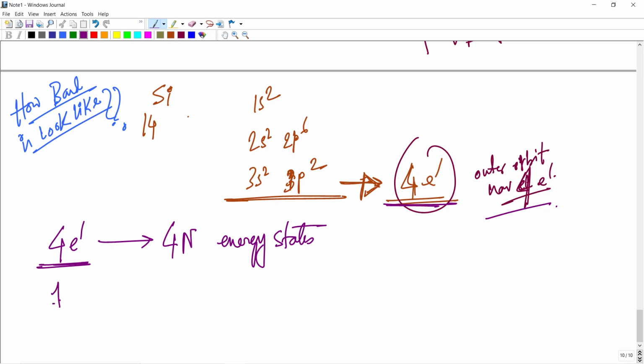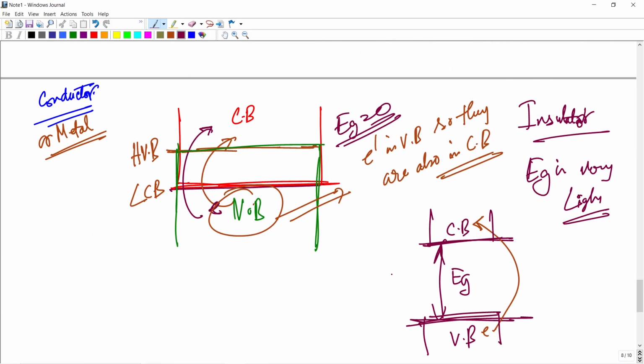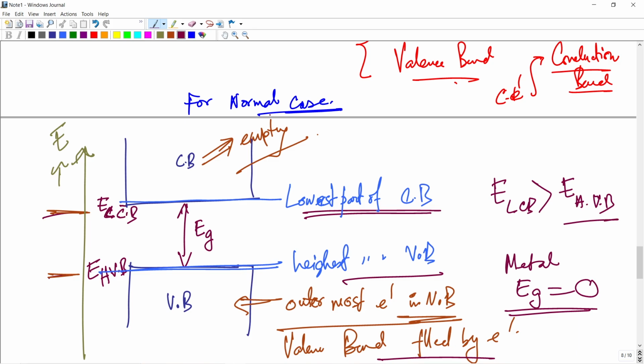And these 4 electrons are in the VB, because we know that the valence band is always filled by electrons. The conduction band is an empty band, but the valence band is a filled band.